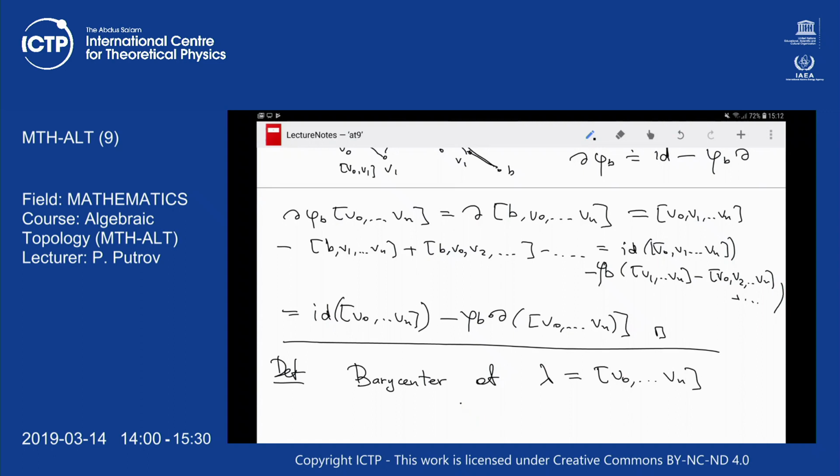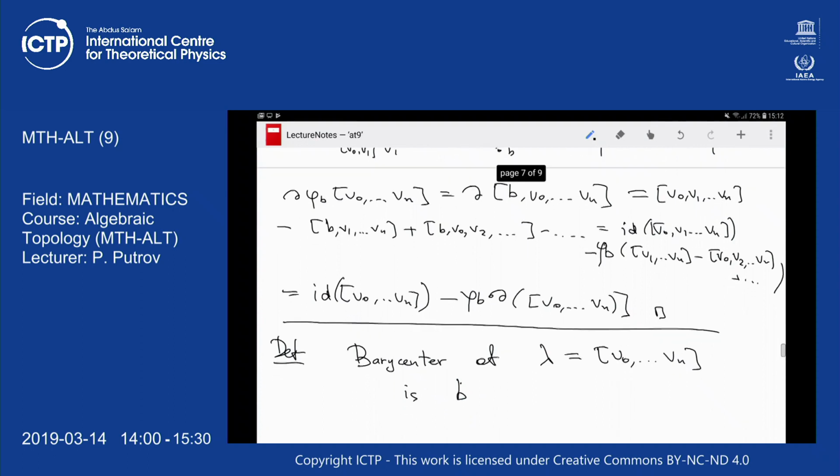So we define it as a point B in Rn, which is just the following linear combination of vertices here. Their sum divided by n plus 1.